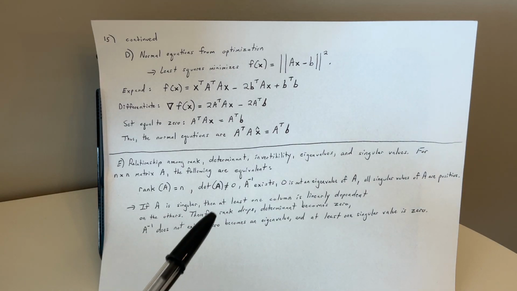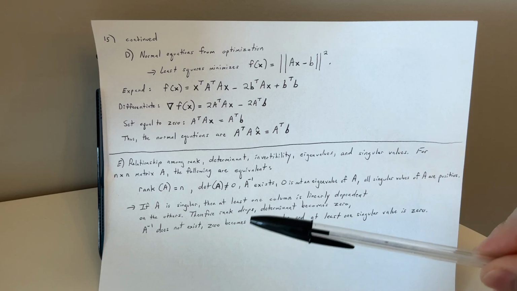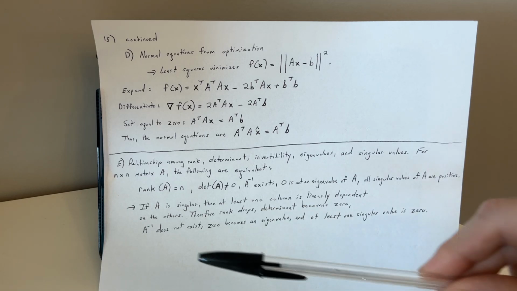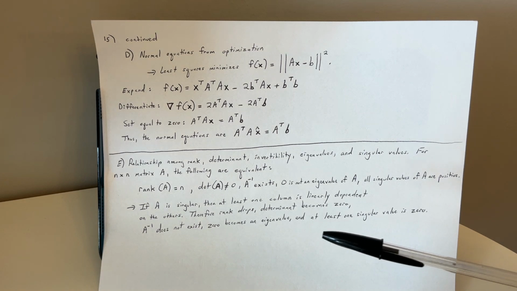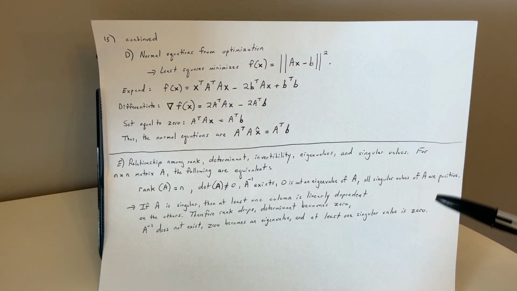If A is singular, then at least one column is linearly dependent on the others. Therefore, rank drops, determinant becomes 0, A inverse does not exist, 0 becomes an eigenvalue, and at least one singular value is 0.